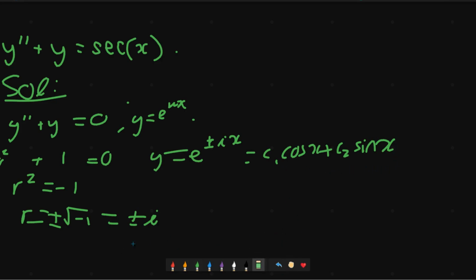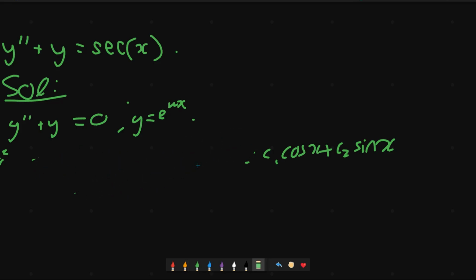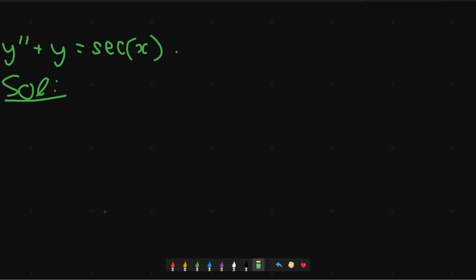Okay, so I'm just going to rub all this out, and I'll put our answer for the complementary solution up here. So y sub c, the complementary solution, is c1 cosine x plus c2 sine of x.